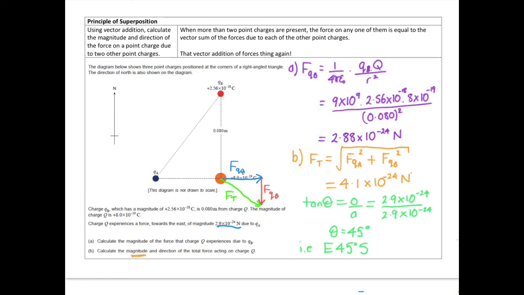And if we want to define that direction a bit more clearly, that is east 45 degrees towards the south. We could have said south, 45 degrees east. Or if we're a good orienteer or sailor, you could have probably just said southeast, because southeast assumes it is directly between south and east.